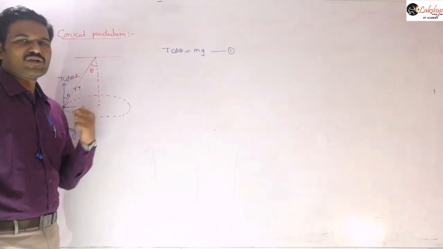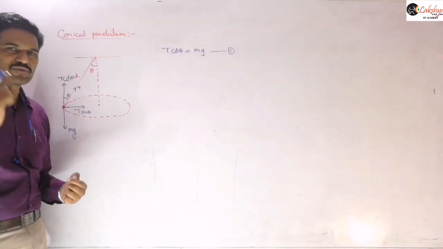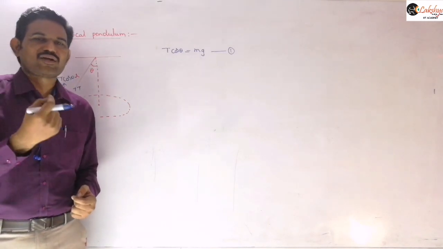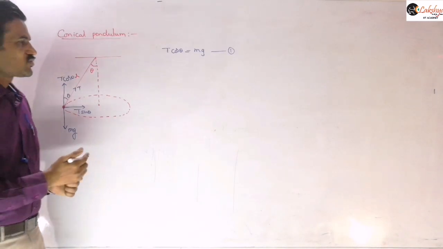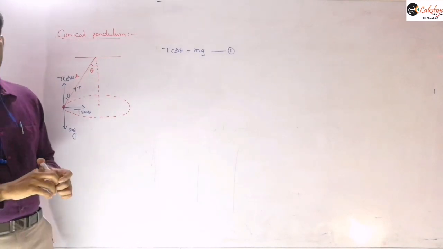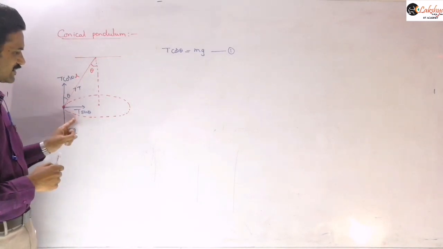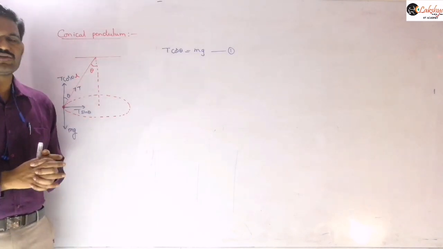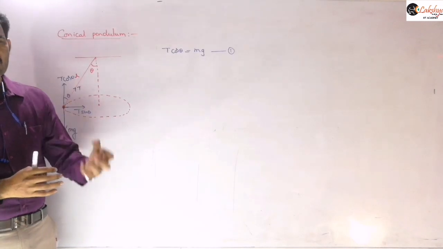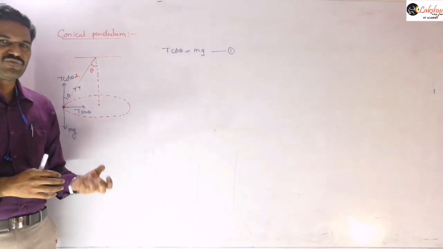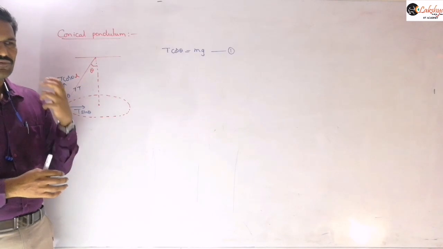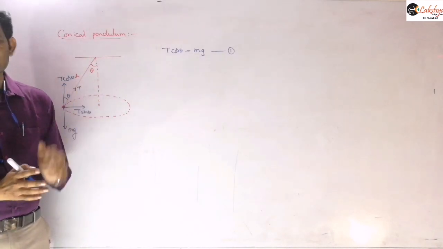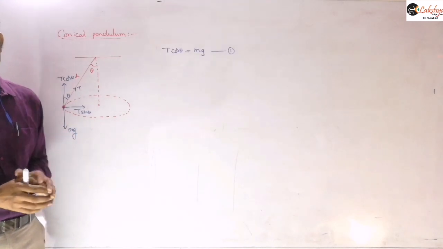Now who will provide the centripetal force for this bob here, because the bob is revolving in a horizontal circle? The centripetal force for that is provided by this tension here. So as I said, you should not represent the centripetal force in the free body diagram. Any one of the forces or the components of the force which is acting towards the center, or directed towards the center, will provide the centripetal force. That is the point you need to observe there.